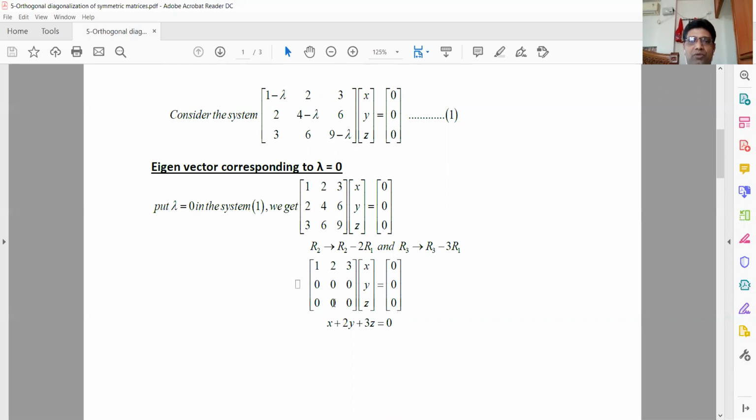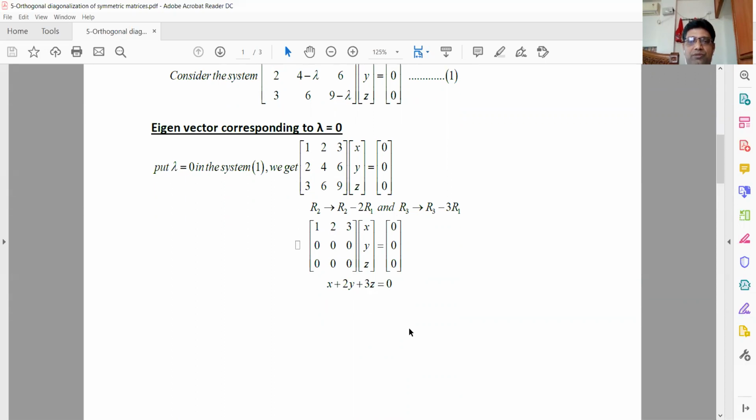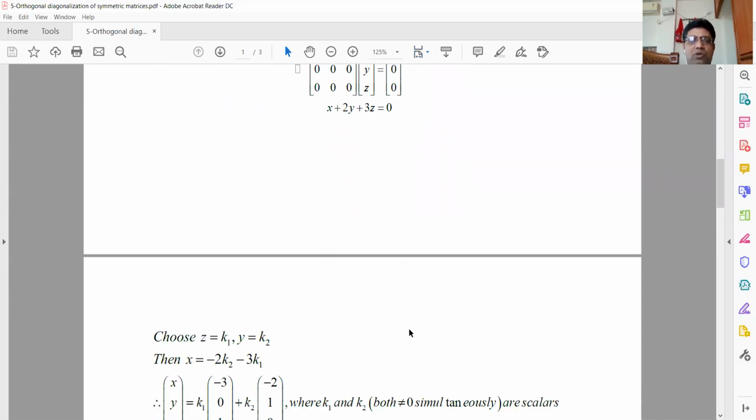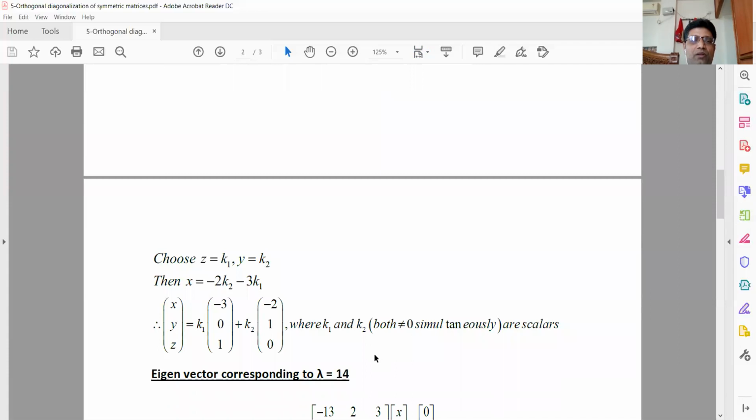If you do that, you will get this matrix. From this, I can write x plus 2y plus 3z equals to 0. Now I have to choose y and z arbitrarily. So I selected z as k1 and y as k2. Then x equals to minus 2y minus 3z, that is minus 2k2 minus 3k1.